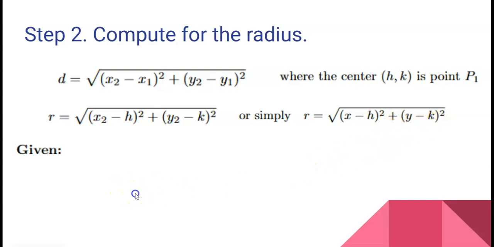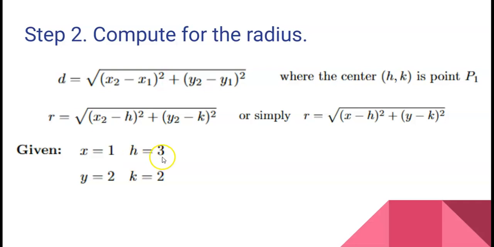Now, this is our given. We have x equal to 1 and y equal to 2 because our point along the circle is (1, 2). h is 3 and k is 2 because our center is (3, 2).